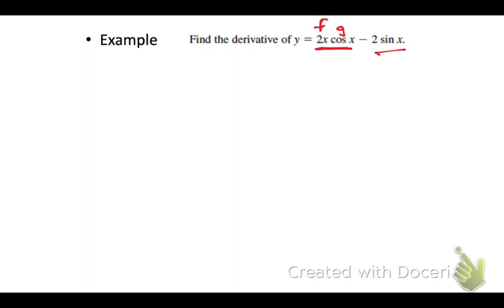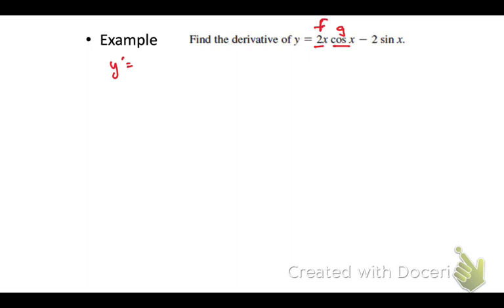We can combine rules. You can do a product, quotient, chain, all in one problem. It's just what you're presented with. Okay, so we got to do the first thing. So y prime, match the f and match the g.